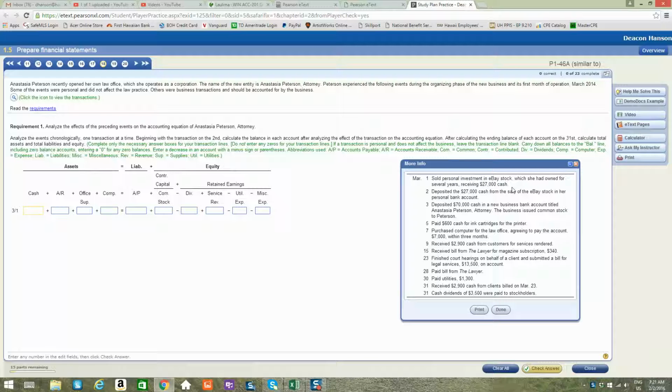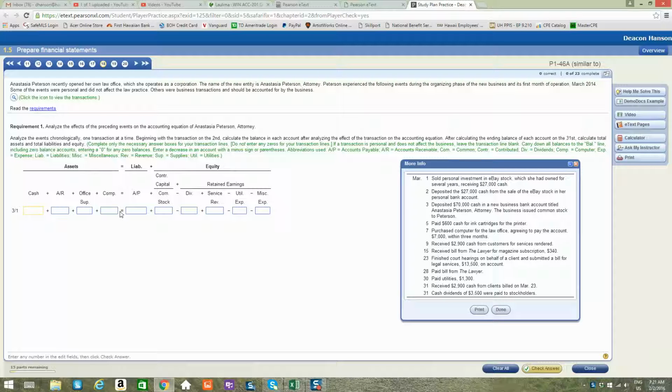Okay, that's a personal transaction, and it's separate from the business. So since it's a personal transaction, it would not be part of this entry.